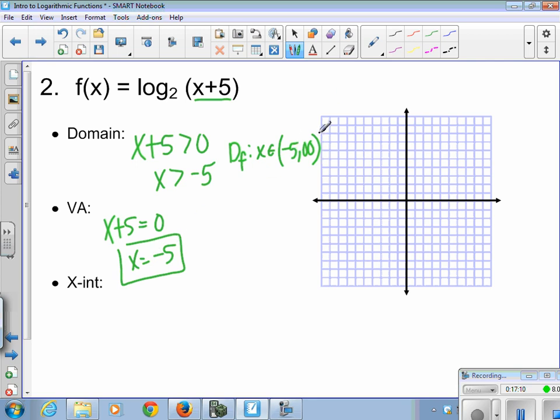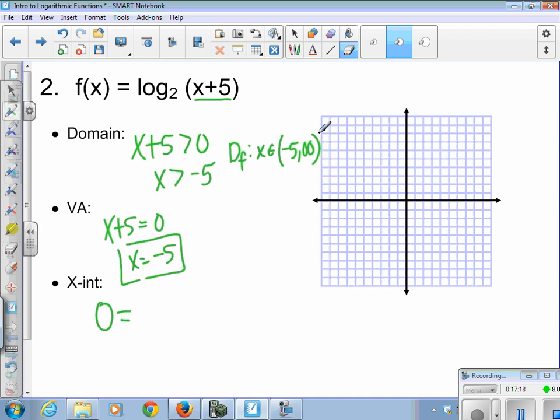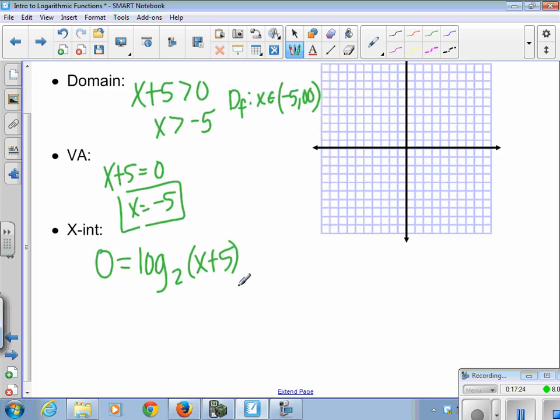And then to find my x-intercept, I'm going to say 0 equals log base 2 of x plus 5. Now, in order to get rid of this 5, I can't subtract it over in the beginning.